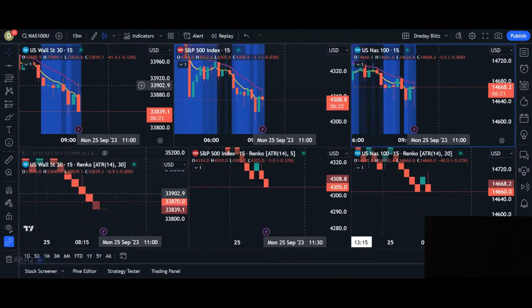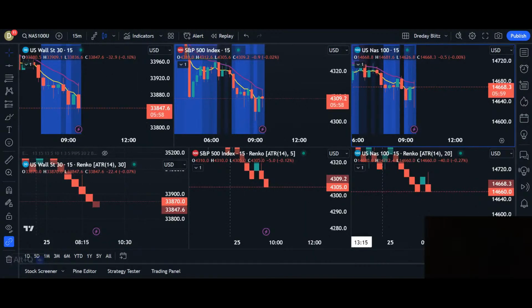For S&P 500, it's still undecided here, but it will still have a bearish movement on the Renkos. And for Nasdaq, it's still undecided here. We had a big movement going down, and now it's starting to reverse, going up. So we'll wait and see how everything is lining up.